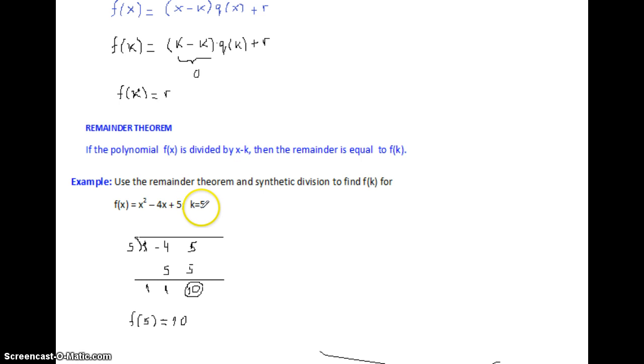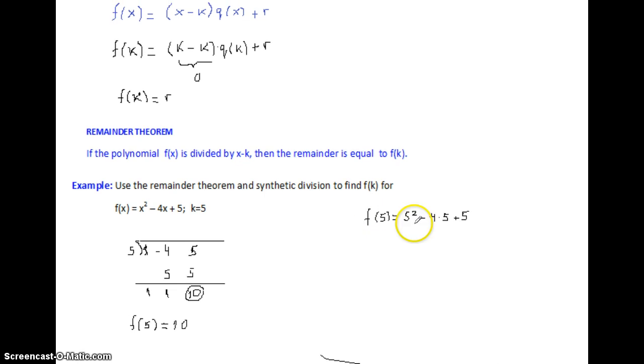We'll replace x by 5 and you get f of 5 equals 5 to the second power minus 4 times 5 plus 5, or 25 minus 20 plus 5, exactly 10. We get the same value for f of 5.